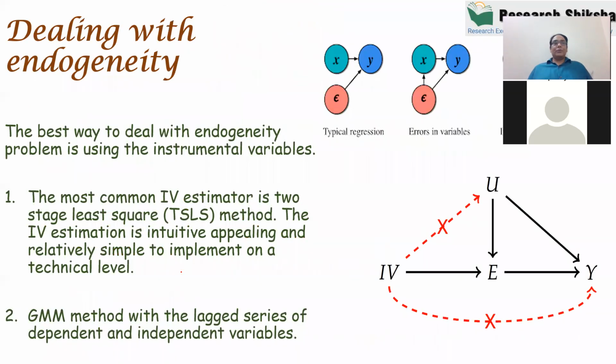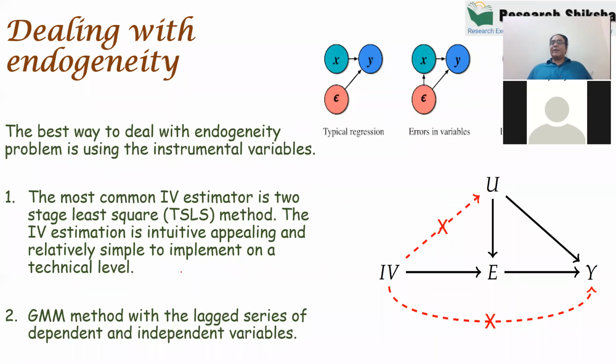Now I am showing you the concept of instrument variables. Instrument variables are those variables which you can say are the proxy of the variables which cannot be incorporated in the model. And one of the problems of endogeneity is the simultaneity problem.